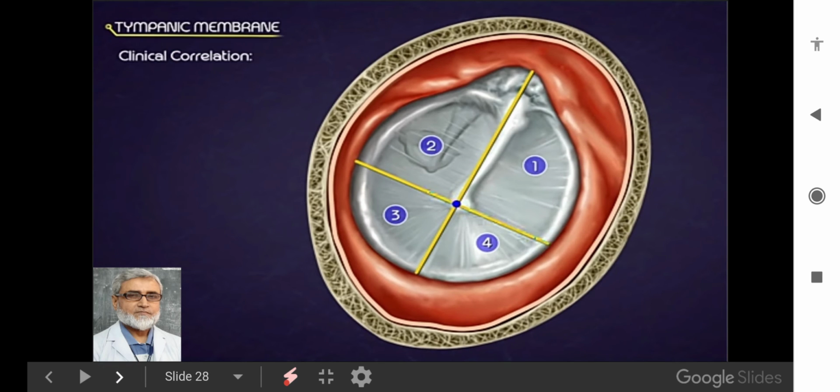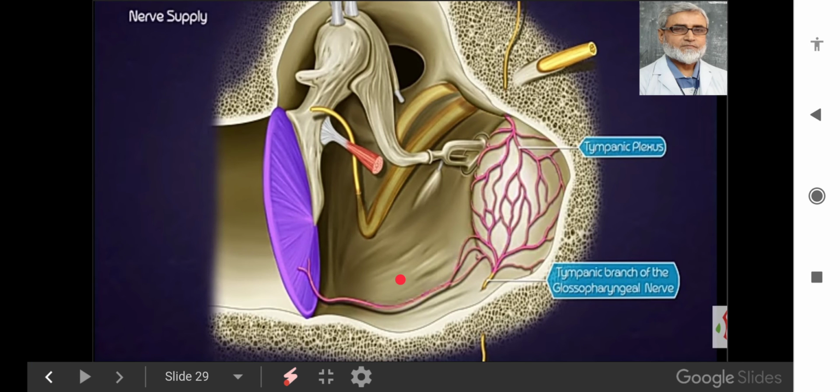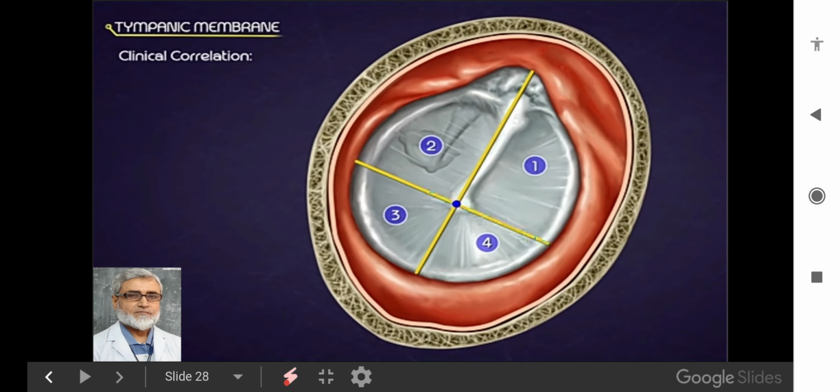From the next slide, clinically we can divide the tympanic membrane into 4 quadrants. A vertical line just crosses through the umbo. With a second line drawn at right angle along with the umbo, this area can be divided into 1, 2, 3 and 4 areas for clinical correlation.